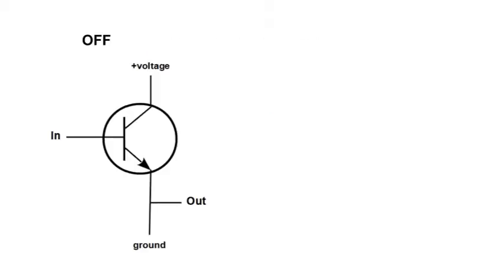Here is the standard diagram for a transistor. There is an electrical voltage differential between the plus voltage and the ground, so a current can flow between them. But there's no current at in, so the vertical bar in the transistor is not conducting and no current flows through to out. So in this case, the transistor is off.